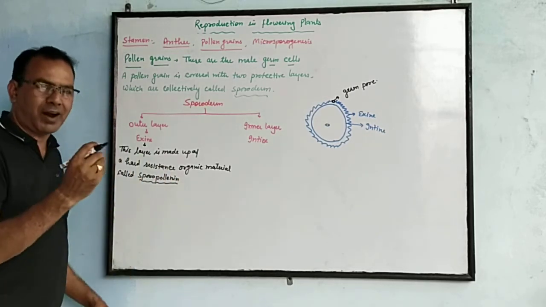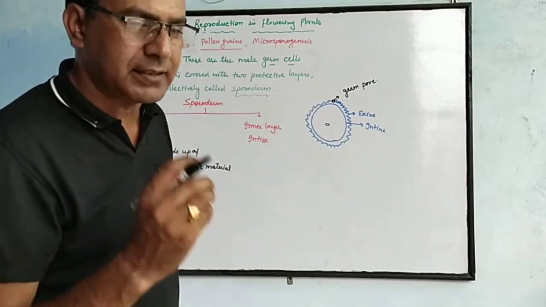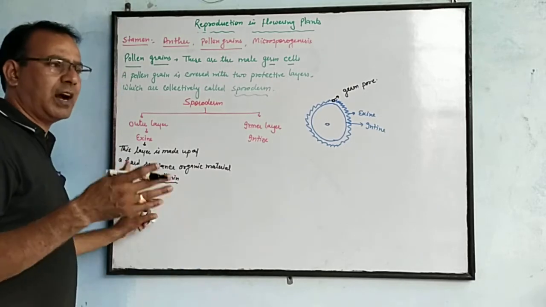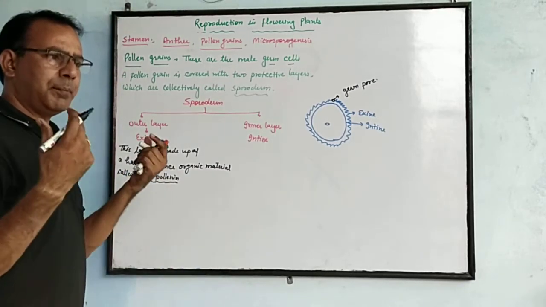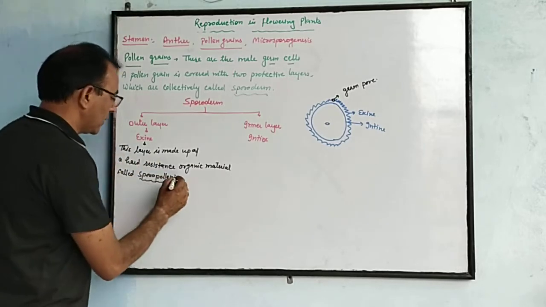Sporopollenin is one of the hardest substances, which does not decompose in high acidic, alkaline or high temperature conditions. It is a substance that does not degenerate even in high temperature, high acidic medium or alkaline medium.